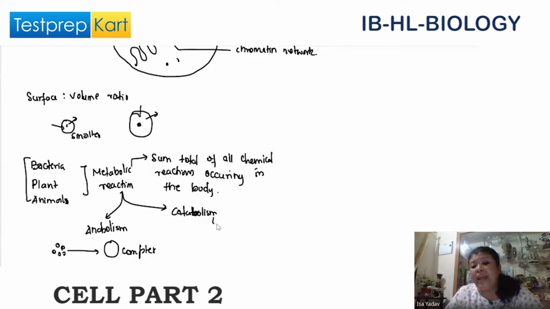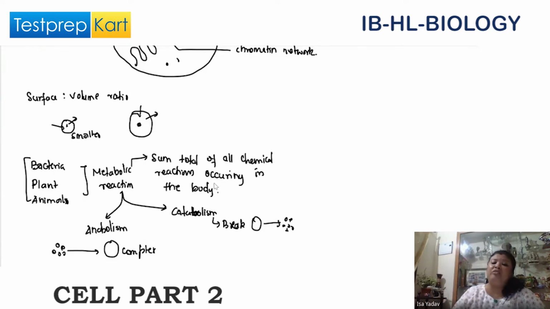Catabolism is when we break down complex components into smaller components. This is called catabolism. So all this, anabolism and catabolism, as total metabolism, is taking place in all of our cells.